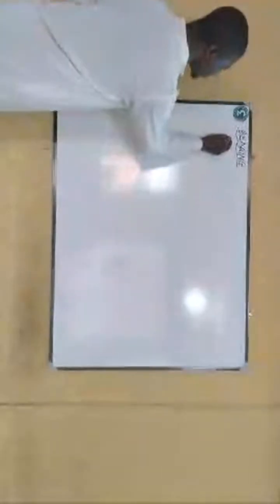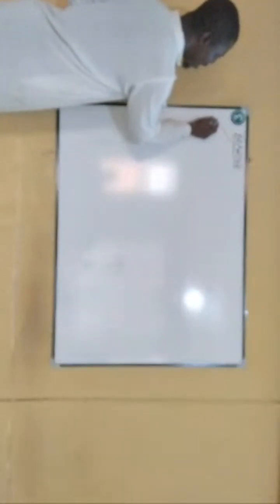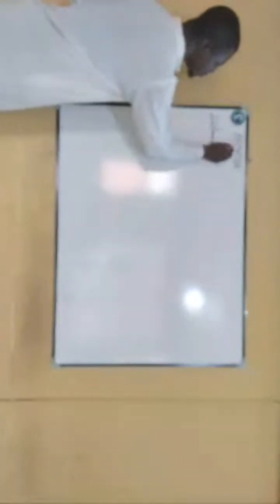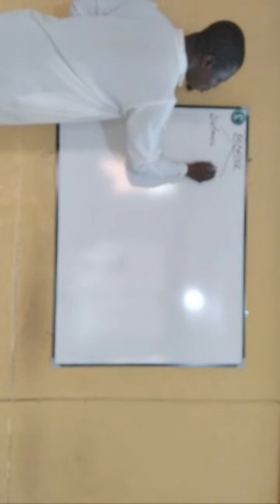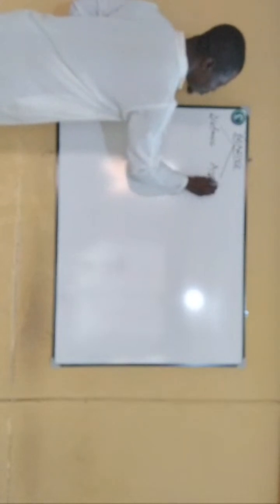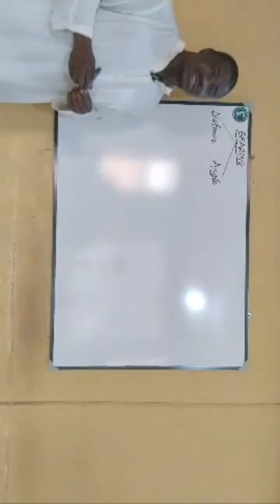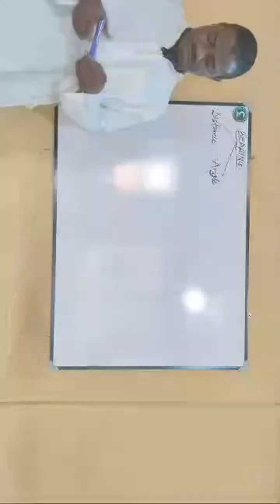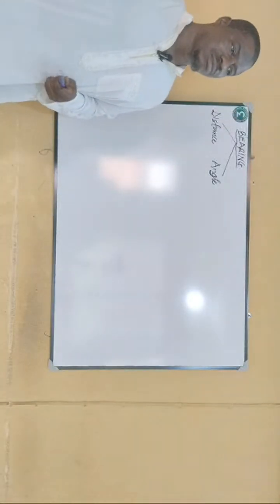Now, from the definition given to you, two things are very paramount. What are the two things? We talk about distance and what? Angle. Those are the two that are very paramount in this case.